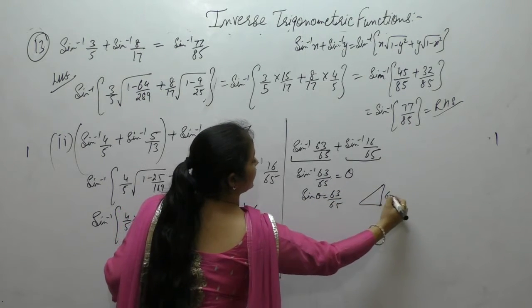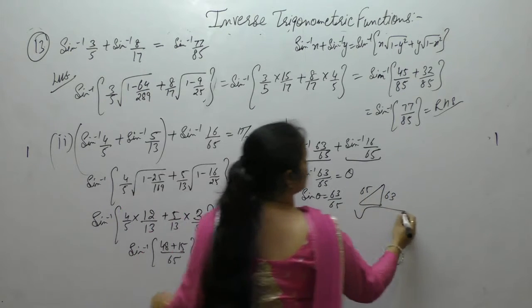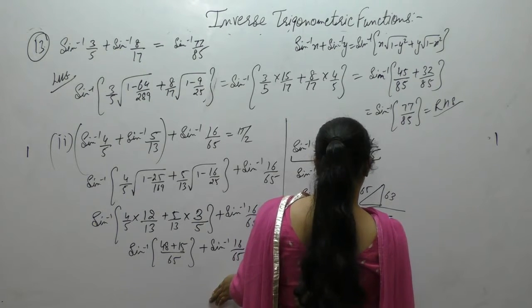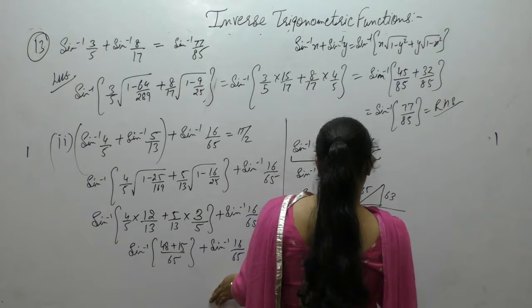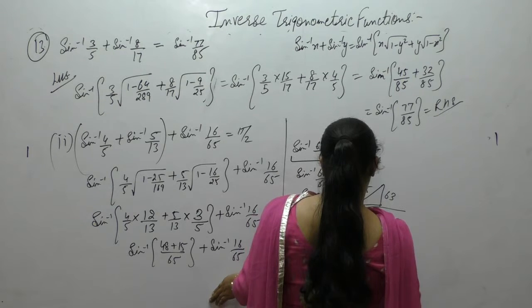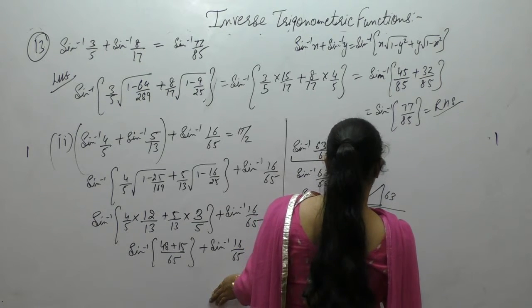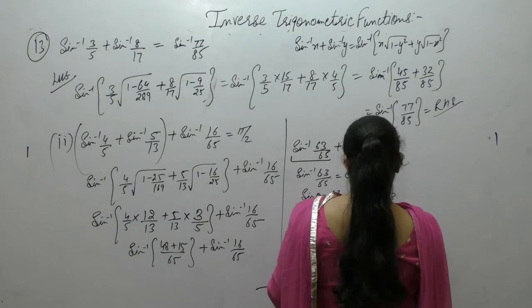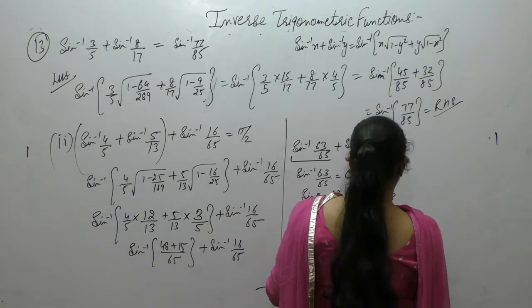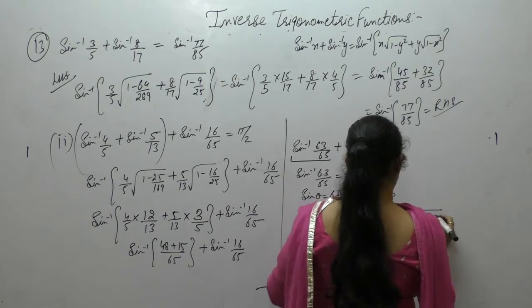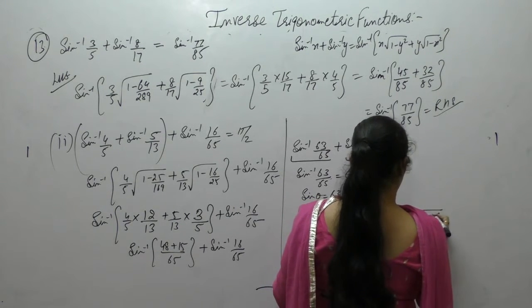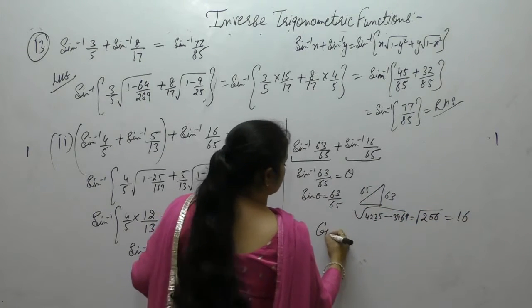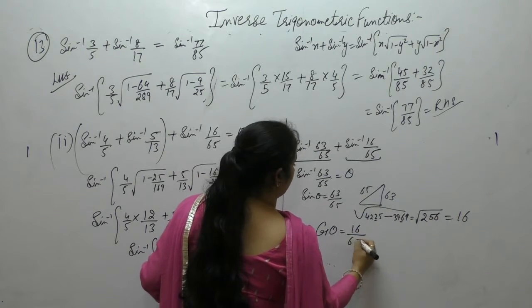Sin is P upon H. So base is the square root of hypotenuse square minus perpendicular square. 65 square minus 63 square, 4225 minus 3969. So we get it as 16. So cos is base upon hypotenuse.